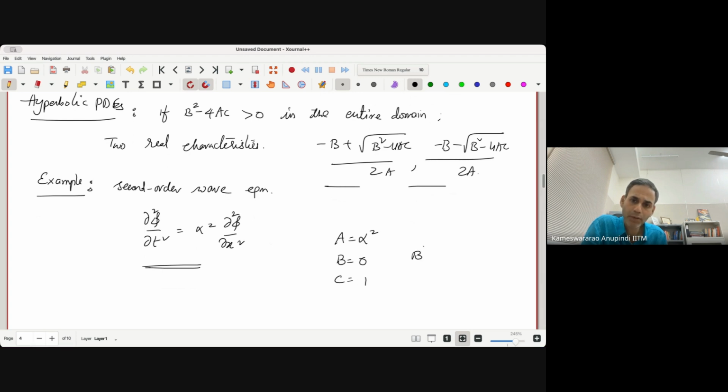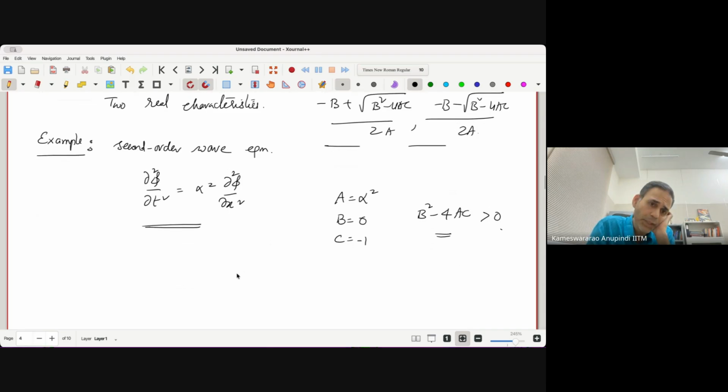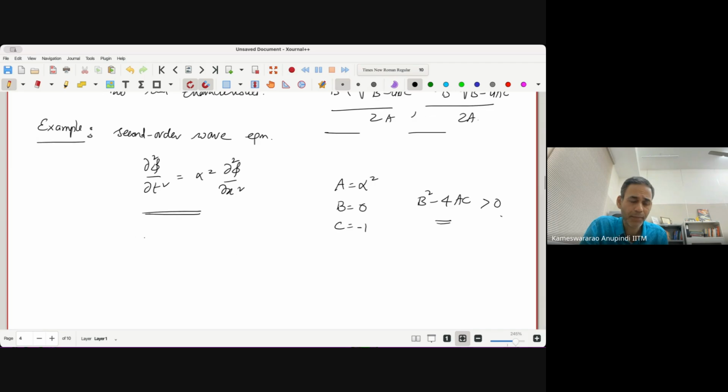Oh, sorry, C will actually become minus 1 because it has come to the right hand side. So B squared minus 4AC will come out to be greater than 0, right? One of A or C is negative, and then you have minus here. So as a result, this is going to be positive. Okay, so that is an example of a hyperbolic problem.